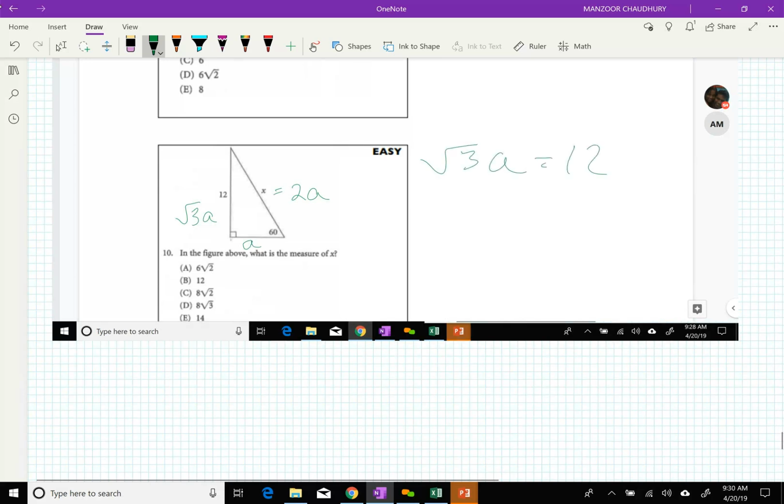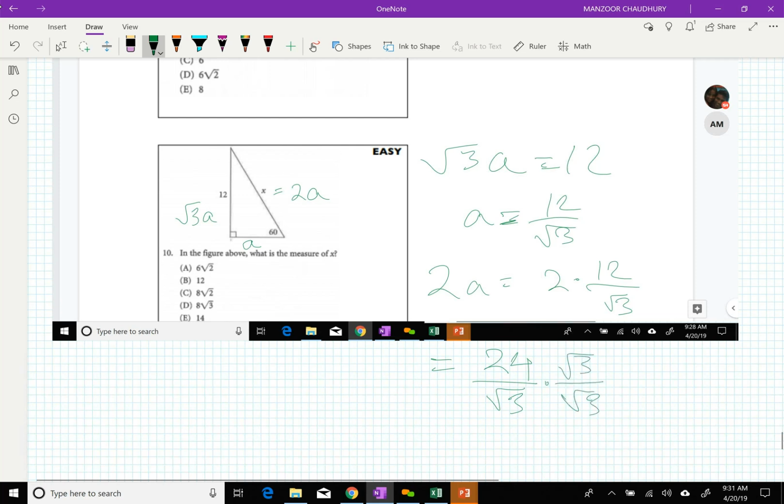Root 3A equals 12, okay? A equals 12 over root 3. 2A is going to be 2 times 12 over root 3. That's 24 over root 3. What does it mean? You multiply both by the conjugate, which is root 3 over root 3. The bottom becomes 3, the top becomes 24 root 3, which can be reduced to 8 root 3. Okay, that makes sense.